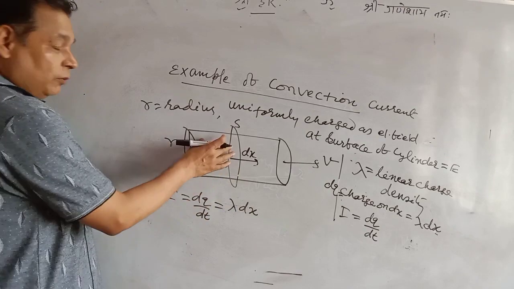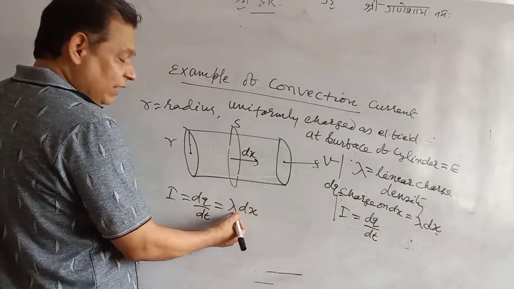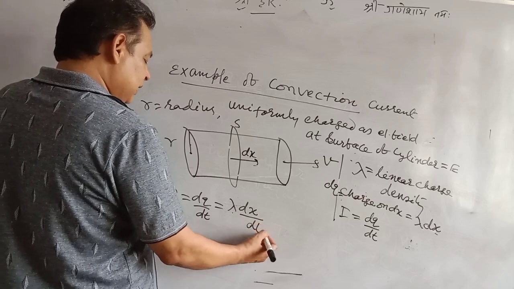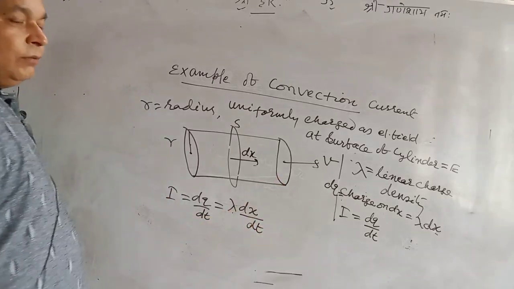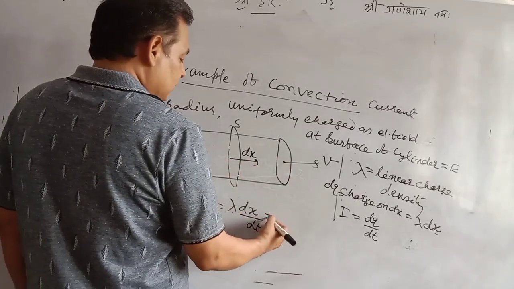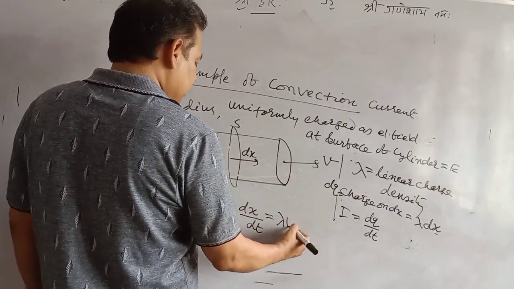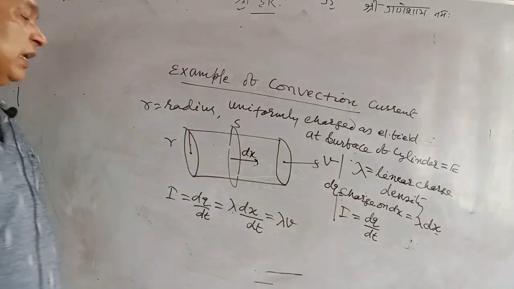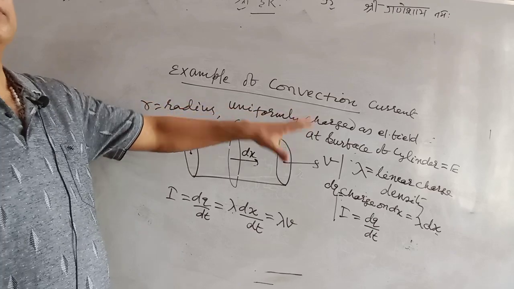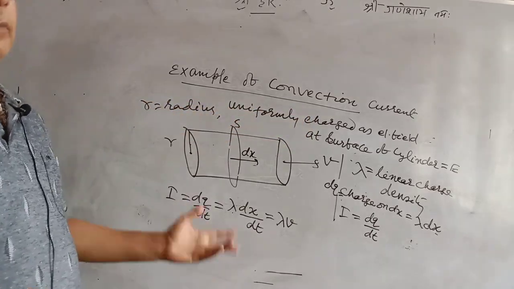This lambda is uniform, that's not varying, that is constant. So that is lambda dx by dt. But what about this dx by dt? That will be velocity of the cylinder. So this current will be given as lambda into velocity.